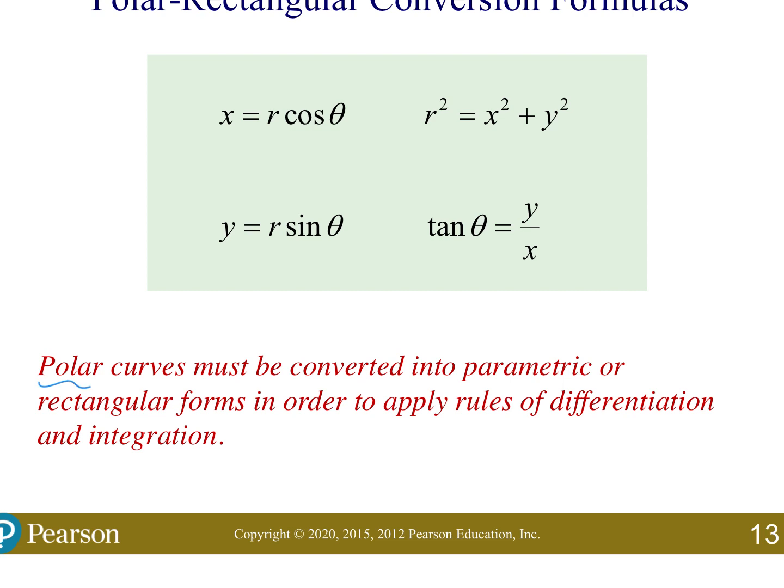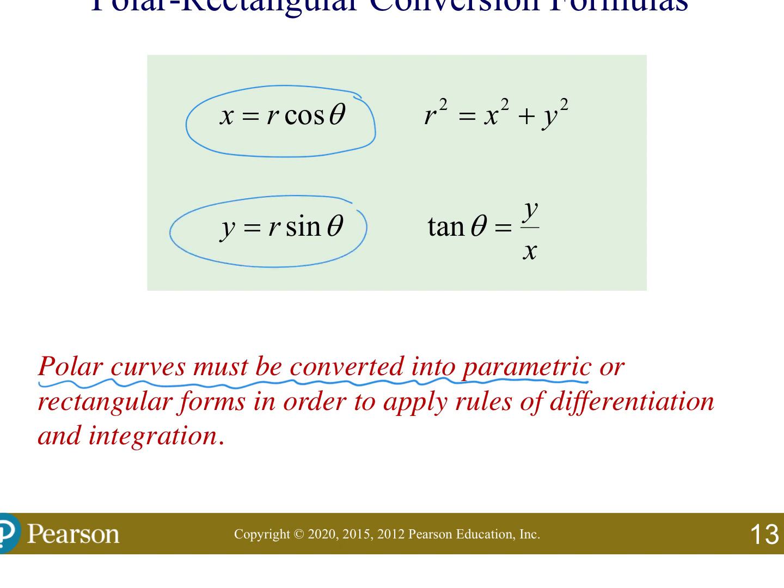I would say here, polar curves must be converted into parametrics, okay? The conversions can happen by simple substitutions. So this is one of the basic substitutions you're going to do, and why. So please always be recognizing them.